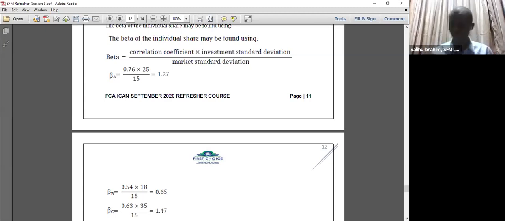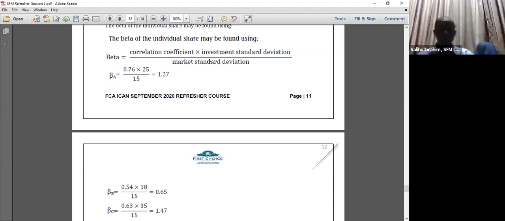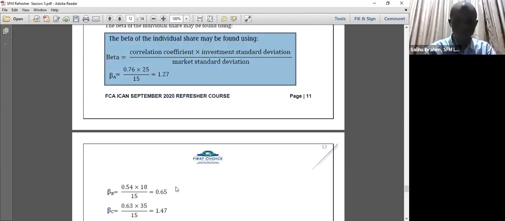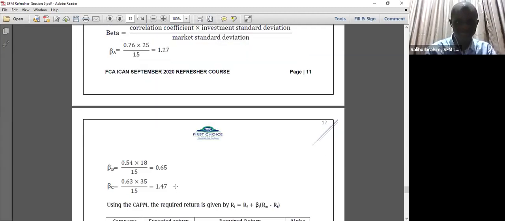Just pick investment standard deviation over market standard deviation. But if correlation is given to you, use correlation. If correlation is not given and you are given variance of the investment and variance of the market, use variance. So these are the various ways of computing your beta. So for A, we have this, for B, and for C.